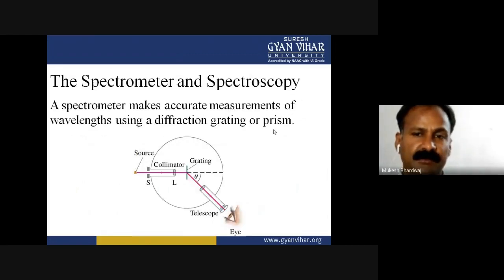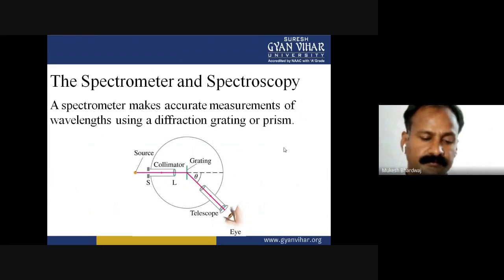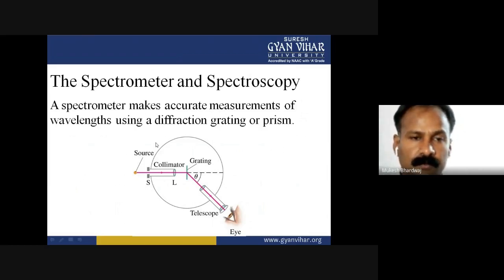Spectrometry and spectroscopy. A spectrometer makes accurate measurement of wavelength using a diffraction grating or prism.